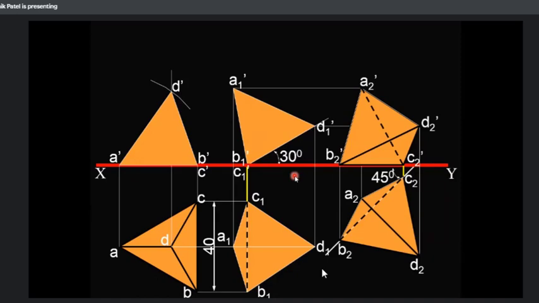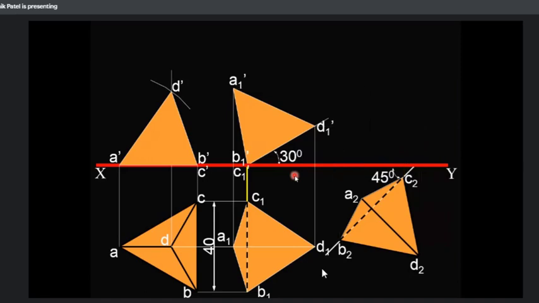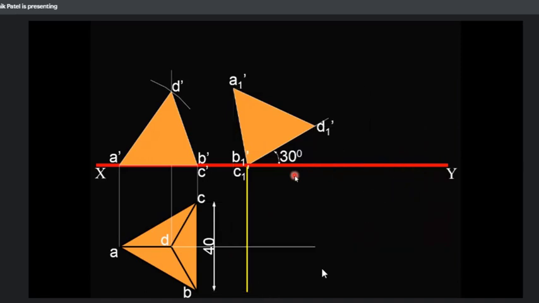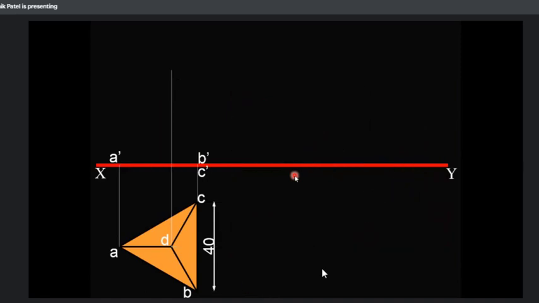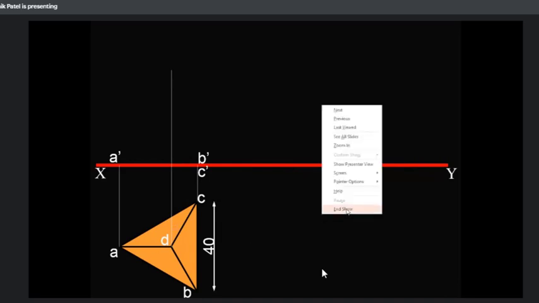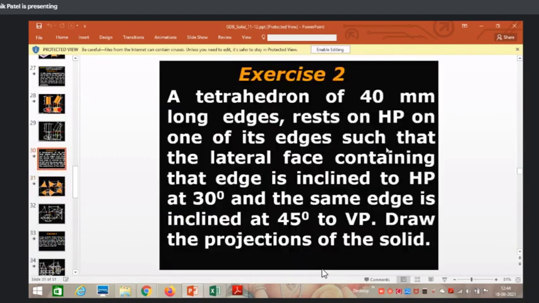Okay. These two problems you have to complete in your sketchbook. Take a snapshot of this problem. Sir, please share the PDF. I have already shared it in your Google Classroom, but you just take this snapshot. Everyone take a snapshot of this problem and try to solve it in your sketchbook yourself.